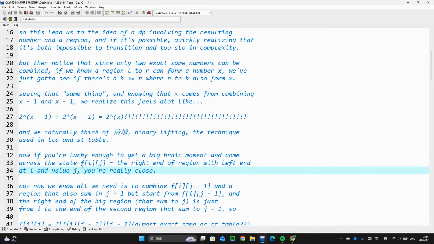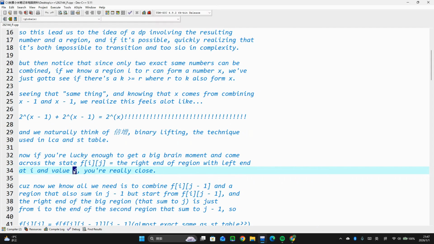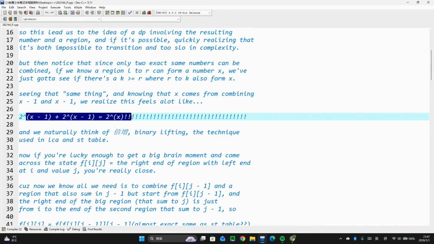And how is this still binary lifting, you ask? Because of the equation x minus 1 plus x minus 1 equals x, j is basically the 2 to the i-th power in regular binary lifting, if you remember. You probably get what I'm talking about at this point. That's the core of this whole problem.